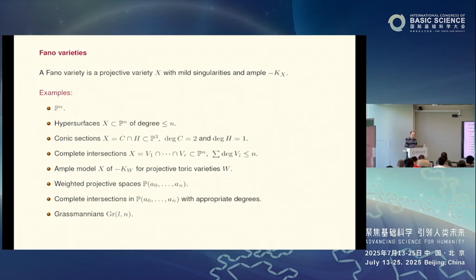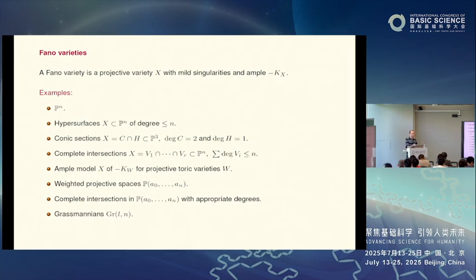Later on, I will give you some definitions, where the key property is that the anti-canonical divisor or bundle is positive, or ample. Remember that the canonical bundle is defined by the top degree differential forms. So this is related to differential forms, and of course, not surprisingly, also related to differential geometry.